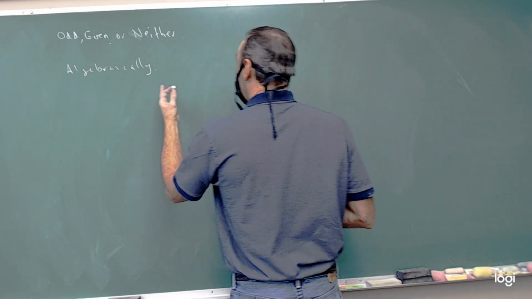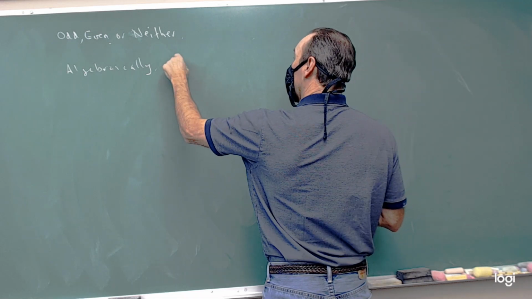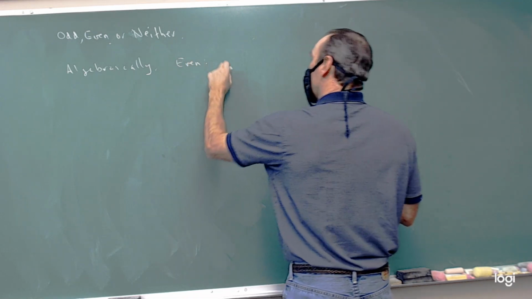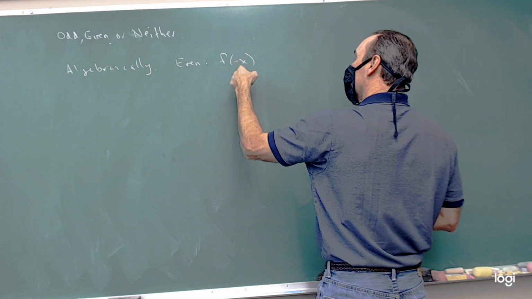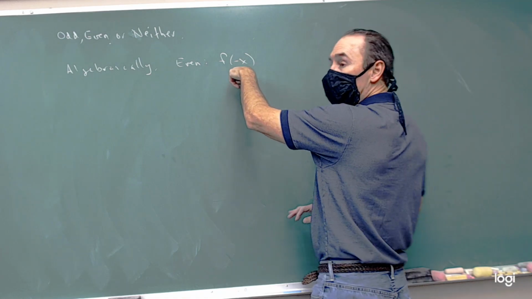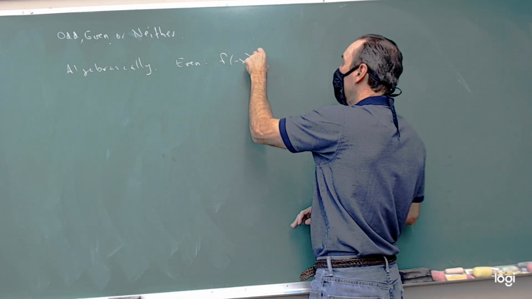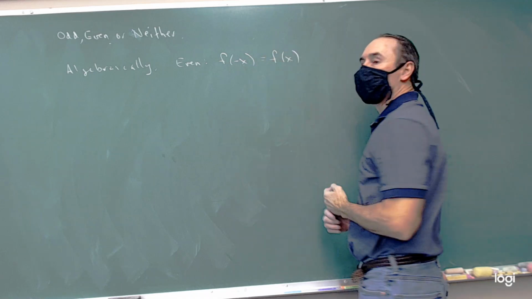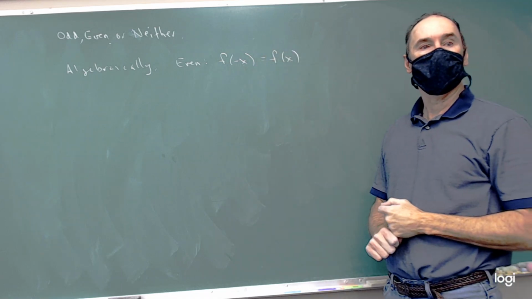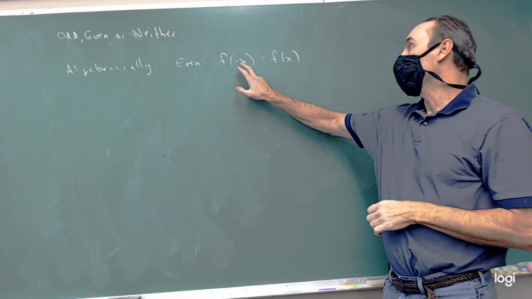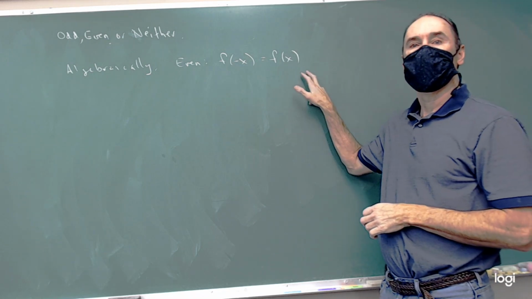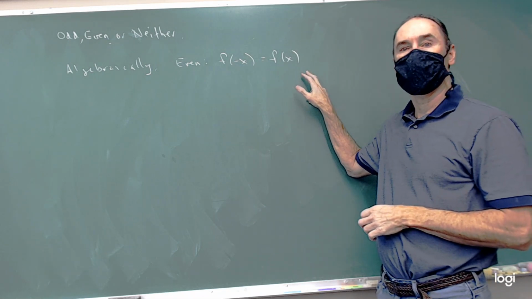So what we're trying to get algebraically is that an even function has the property that when you plug in negative x for f, that is any negative number you plug in there, will be exactly the same as the positive number you plug in. So if you plug in -5 into the function, you get the same answer as you plug in +5.